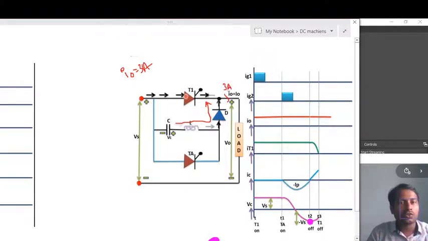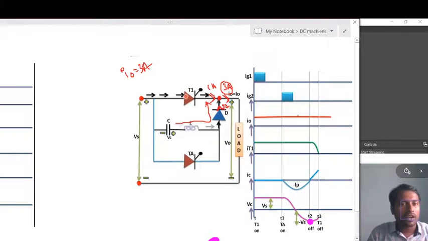For example, I am taking the current through the diode as 2 amps. So definitely the current from the supply is 1 amp. According to KCL at this node, 1 amp is entering, 2 amps is entering, so that the output current should be 3 amps.